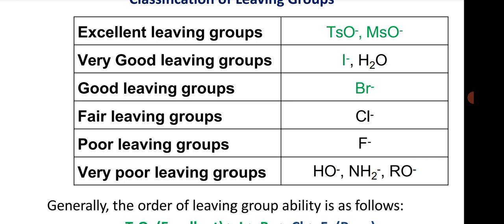Okay, and the very poor groups are HO negative and NH2 negative or O negative. The reason is the same, because oxygen and nitrogen are both electronegative atoms.